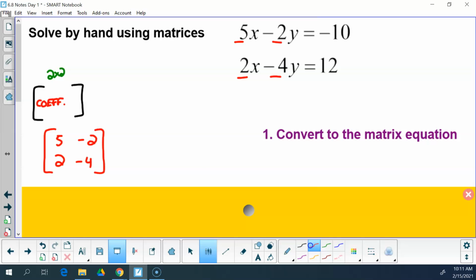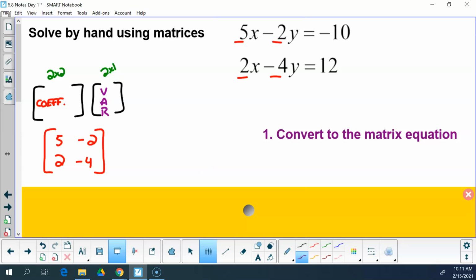Okay. Then we're going to multiply that matrix by a 2 by 1 matrix, and that 2 by 1 matrix is going to be our variable matrix. So we've got a coefficient matrix and we've got a variable matrix.